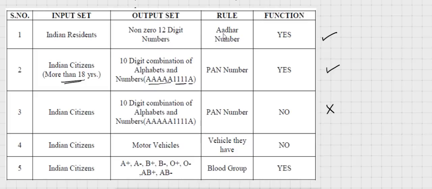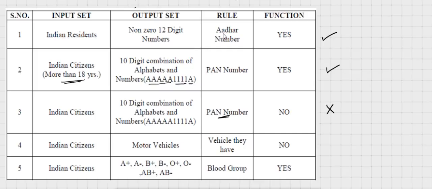All the citizens, that is all the elements of the input set, should have an output. Here I am defining the rule as PAN number. A 3-year-old kid won't have a PAN number, there is no need. So that condition is failed. So this rule will not be a function.